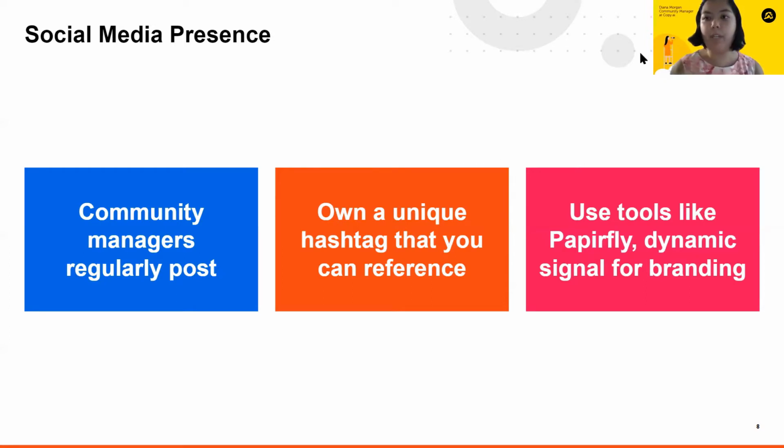Dynamic Signal was what we used for our employees as a company to distribute our content. So you just have an account. It shows all the content made available, and it's just automatic share to LinkedIn and Twitter. This helped out a lot because the social media team would insert captions saying whatever the blog post is about, like a 1 or 2 sentence caption, and people would just share it.